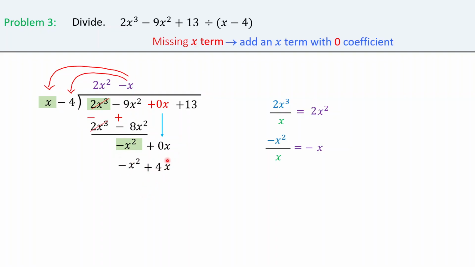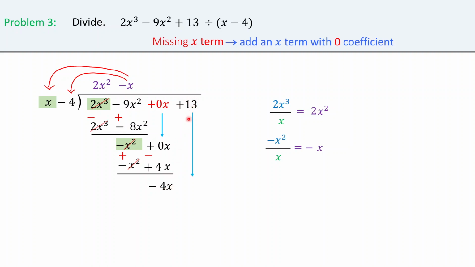Now change the sign. Negative x squared, change this to positive x squared. Positive 4x, change this to negative. Now add: negative x squared plus x squared is 0. So cancel this. Now 0 minus 4x is negative 4x.